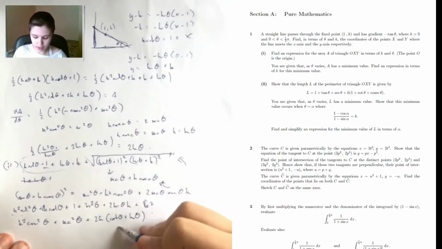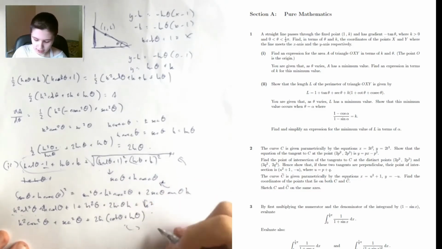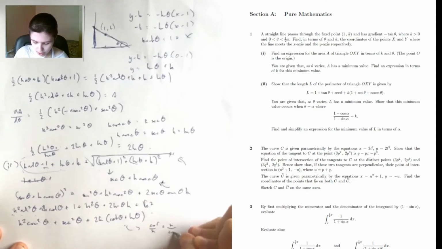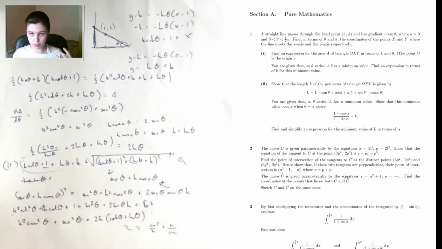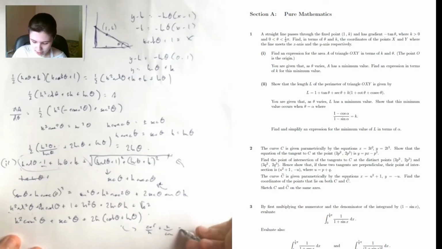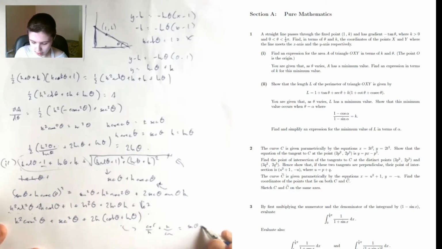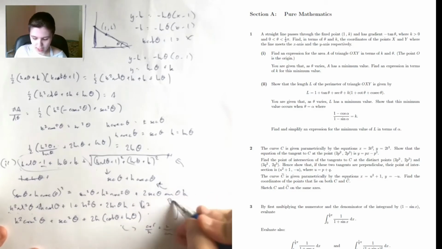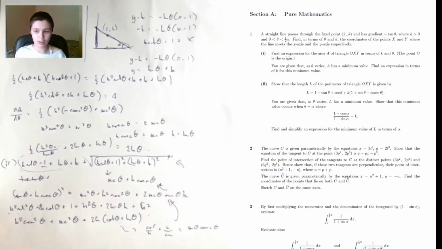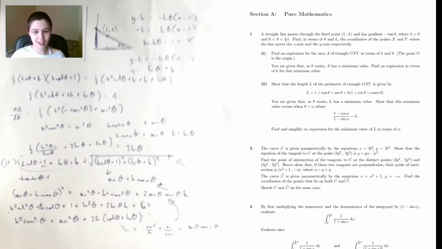But looking at cot theta plus tan theta, that's just cos over sine plus sine over cos, which is cos squared plus sine squared over sine cos, and so that's equal to sec theta cosec theta, which is exactly what we have over here. So the two things are equal, and so we've proved what is required to prove.